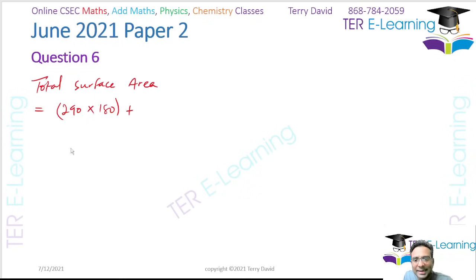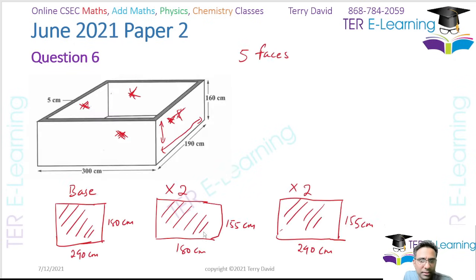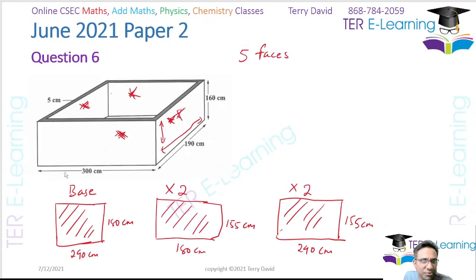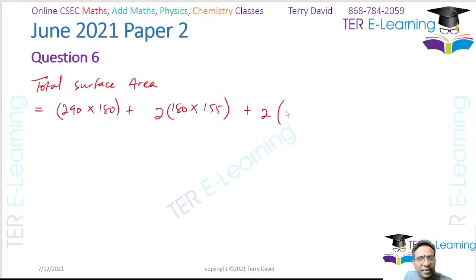And we're going to add to that 180 by 155, but remember, you need to multiply this by 2. Plus, the second part we also have to multiply by 2, so that's 290 by 155.